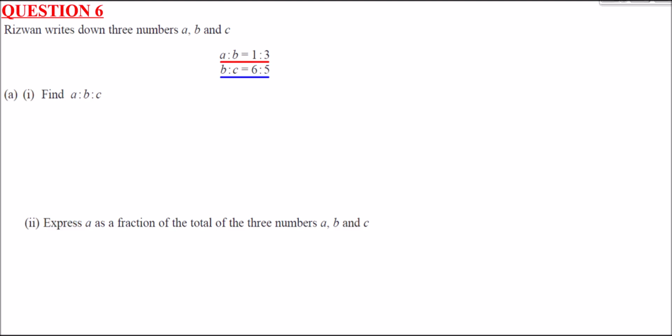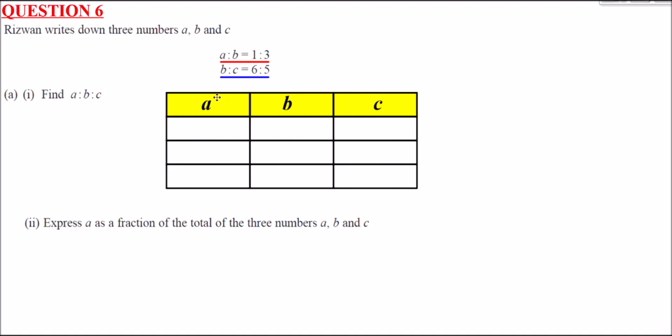So we can put both ratios of A, B and C, all 3 variables, into a ratio table like so. So we've got A to B, which was 1 to 3, and then B to C we can put underneath as 6 to 5. So our mission now is to get these values to line up and meet onto the same final line.